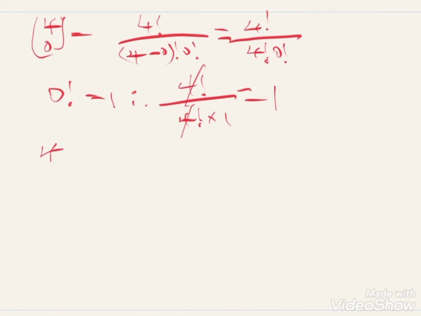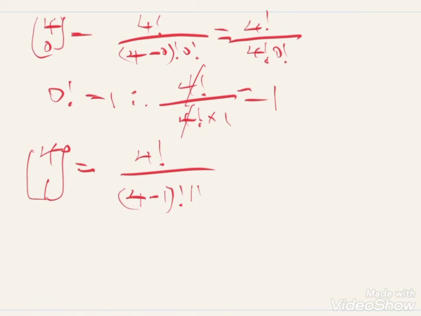So for 4 combination 1, I have 4 factorial over (4 minus 1) factorial times 1 factorial, which equals 4 factorial over 3 factorial times 1 factorial, since 4 minus 1 is 3. We know that 1 factorial is 1, so 1 times 3 factorial is 3 factorial.